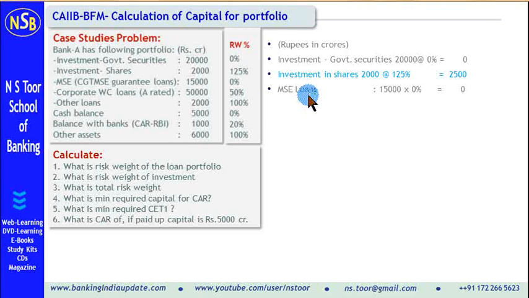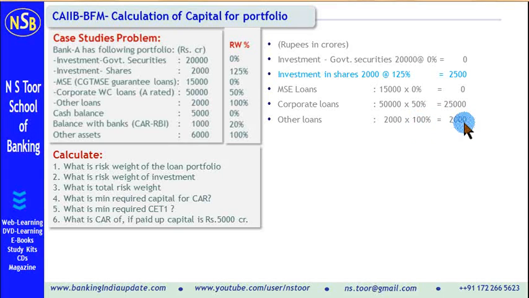Then MSE loans granted by CGTMSE 15,000 crores. 0% is risk weight. Hence risk value will be 0. Then corporate loans, the value is 50,000 and risk weight is 50%. Hence the risk value will be 25,000 crores. Other loans, the amount is 2,000 crore. Risk weight is 100%.